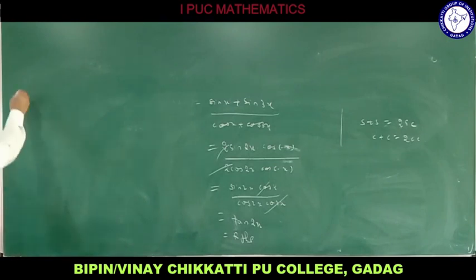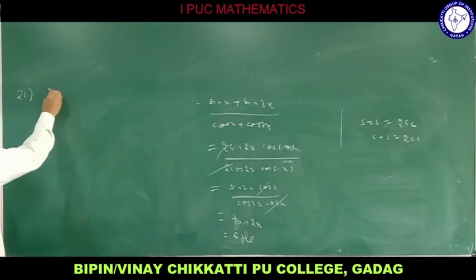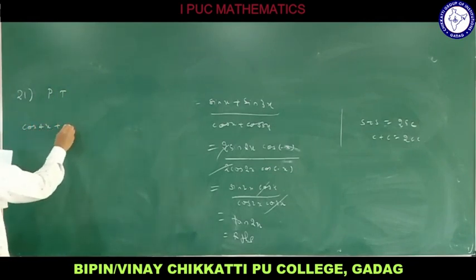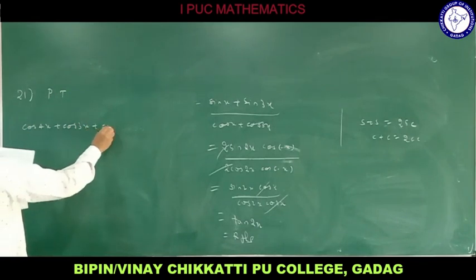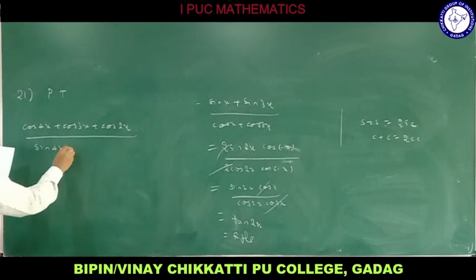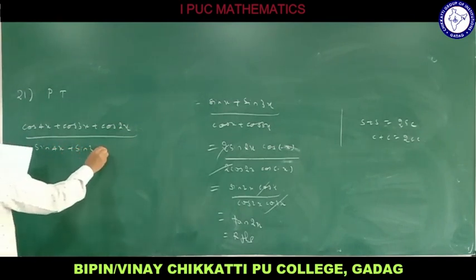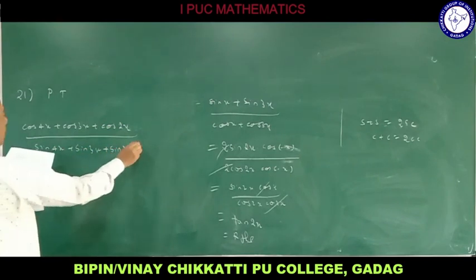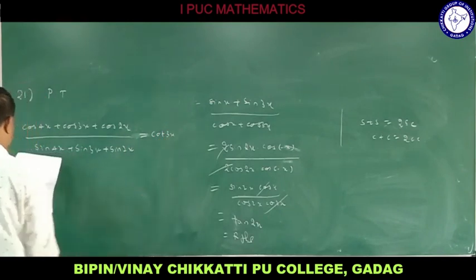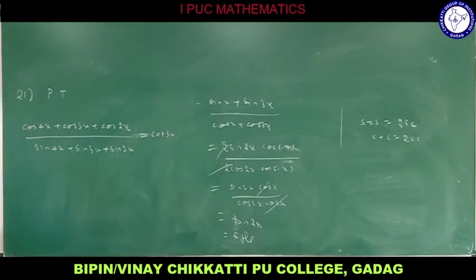Prove that (cos 4x + cos 3x + cos 2x) divided by (sin 4x + sin 3x + sin 2x) is equal to cot 3x. Try to understand how this can be written, and again you have to use the same formula. Let us see how this is to be simplified.